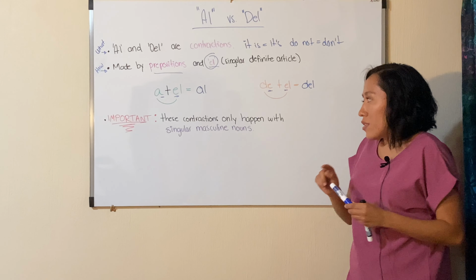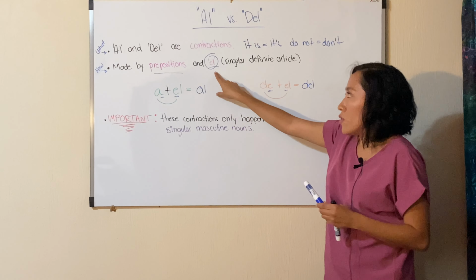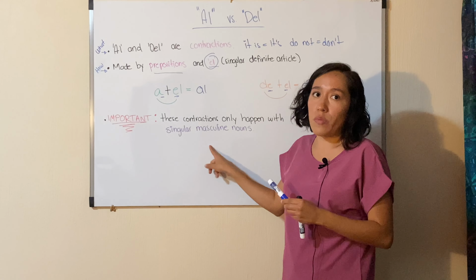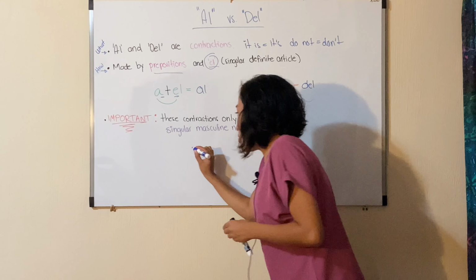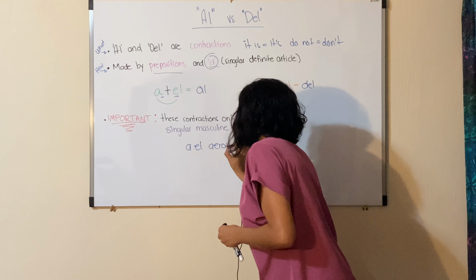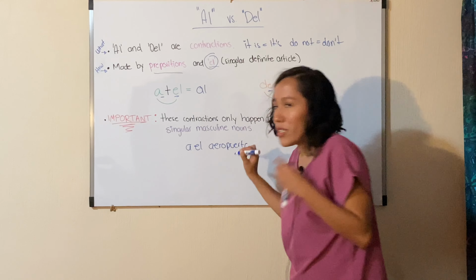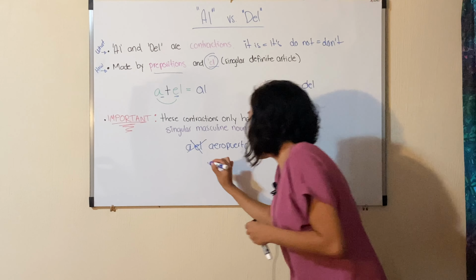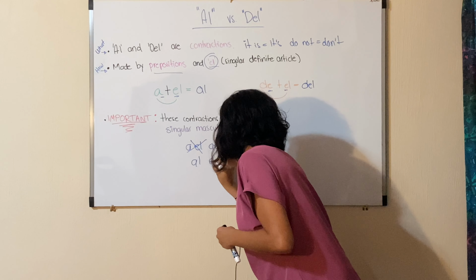Now, it's very important: because these contractions work with a singular article, they only work with singular masculine nouns. So for example, I cannot say el aeropuerto. Can you hear how difficult that was? So I cannot say that, but I can say al aeropuerto.